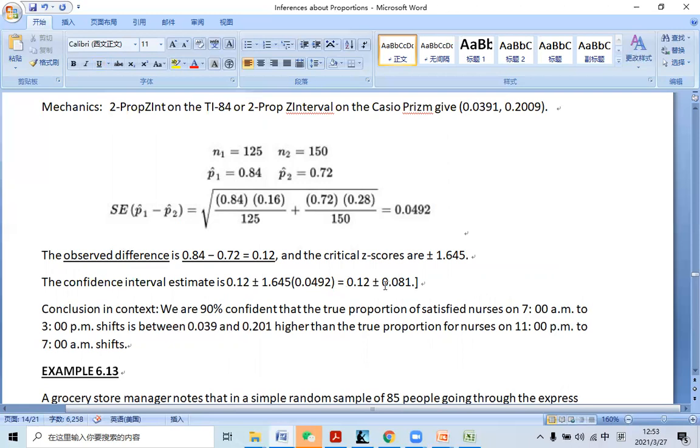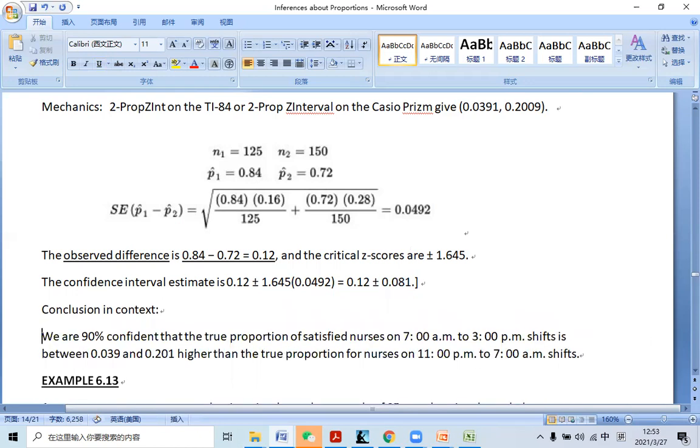You get the raw score. You have the confidence level 90%, and you have the estimated difference between the two proportions, 12%. And the margin of error is like 8.1%, 0.081, that's 8.1% margin of error.